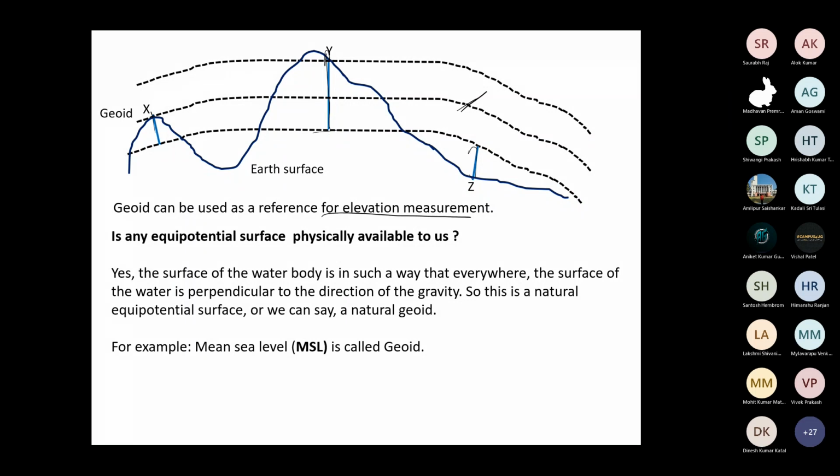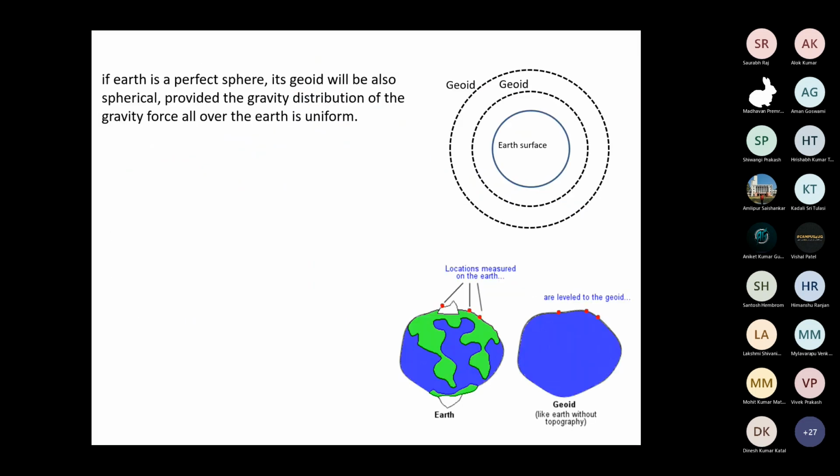Now some general information I will give you. If the Earth is a perfect sphere, then the geoid will be perfectly spherical, provided the distribution of the gravity force all over the Earth is uniform. Suppose the Earth is like that, a sphere.